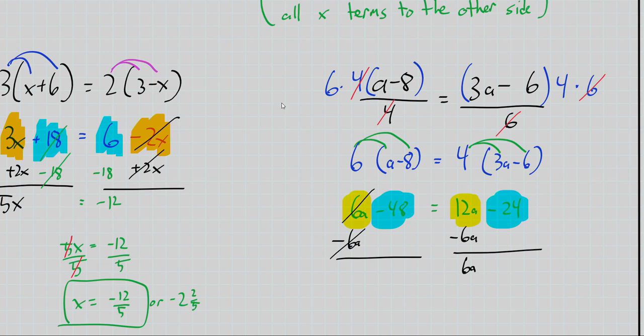And for my constants, I'm going to move them. I don't care if the answer is positive or negative. I care that it's away from my precious variable here, a. So I'm going to move over that way. Negative 24. Well, I'll add 24 to get rid of it. So I'll add 24 over here as well. And if we have negative 48 plus 24, that's negative 24.